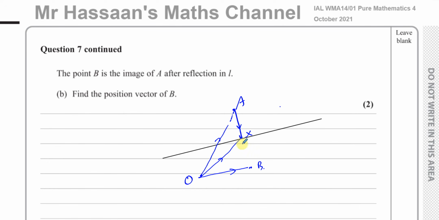Okay, so what we can do is, if this is a reflection of A in the line L, then this line and this line will be the same length. Okay, and this is a continuation of the line AX.